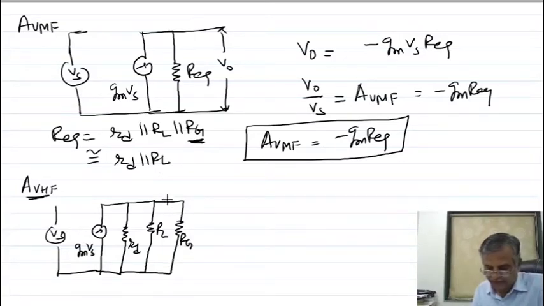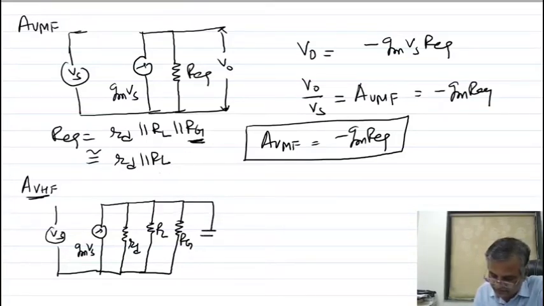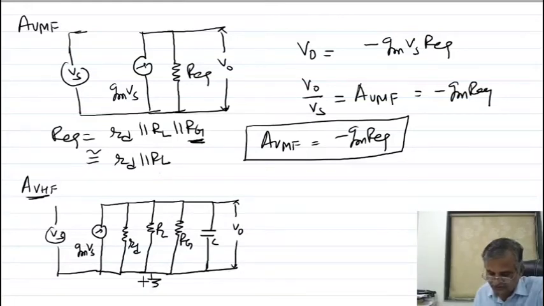I am not connecting CC here; CC I am neglecting. Then I will consider shunt capacitance C. This is my output voltage. This is the equivalent circuit at high frequency. This is the equivalent circuit for mid frequency. Now let us do the derivation for this.